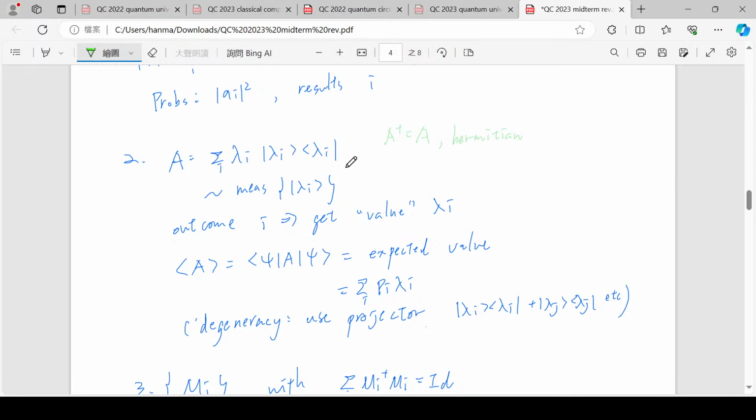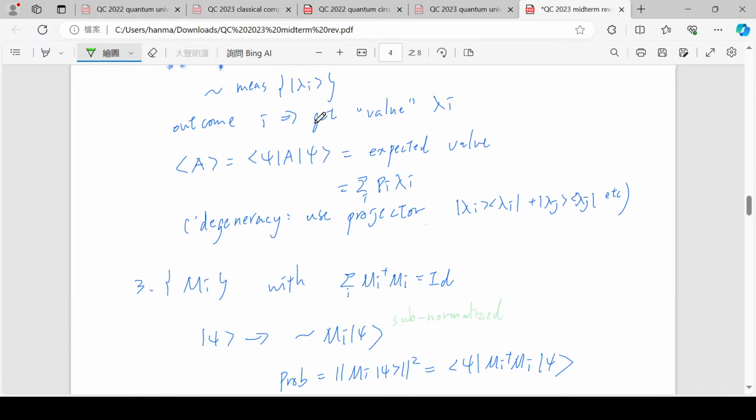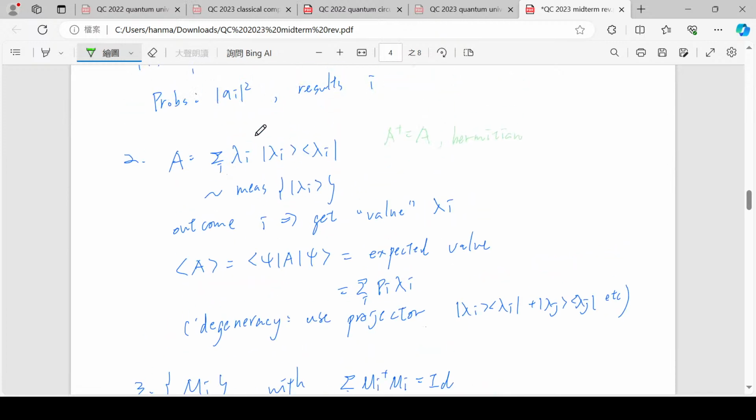So it diagonalizes into projectors onto eigenvectors times eigenvalues. When you measure this, it's like you measure in those eigenvector bases. When you get outcome i, we think we get the value of the operator, lambda_i.